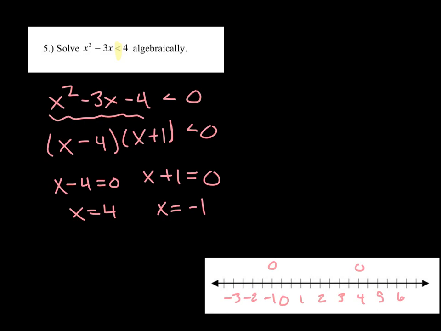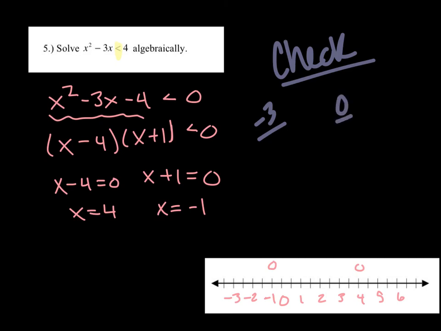But we do need to figure out which way to shade. So what you want to do is check each interval. So we need to check a point to the left of negative 1, a point in between negative 1 and 4, and a point to the right of 4. So I'm going to check negative 3, 0, and 5.